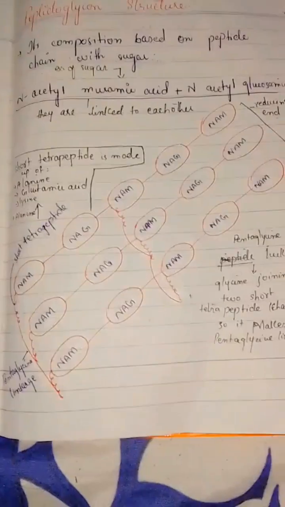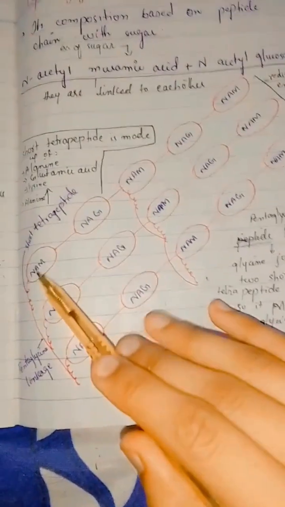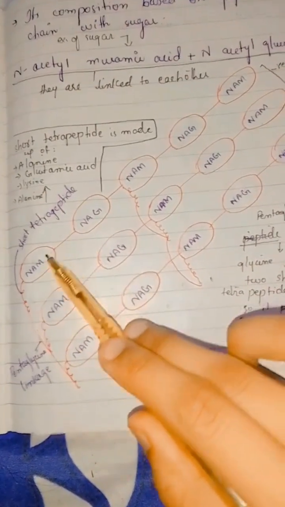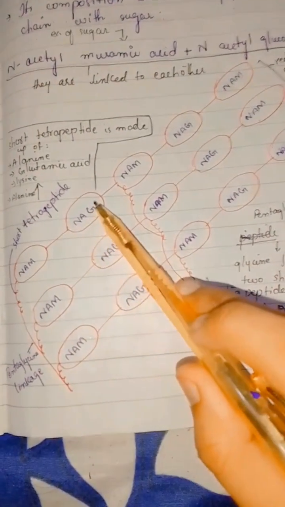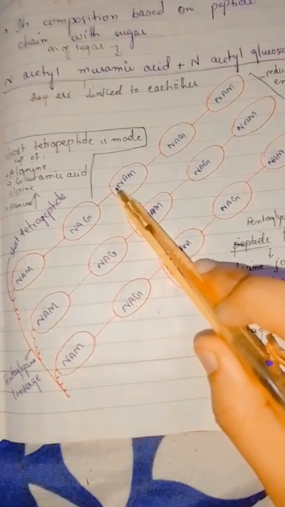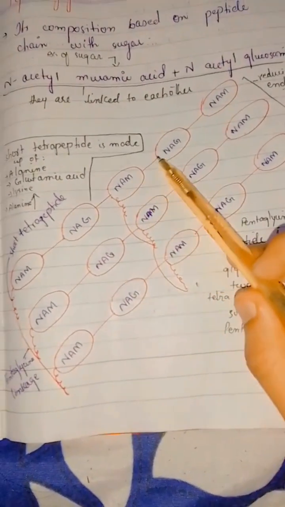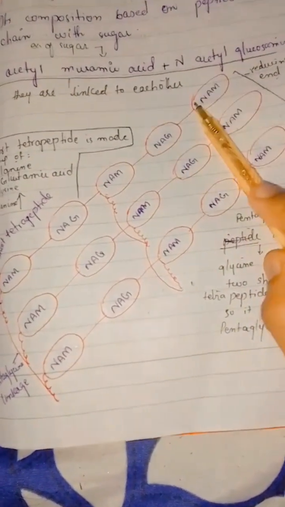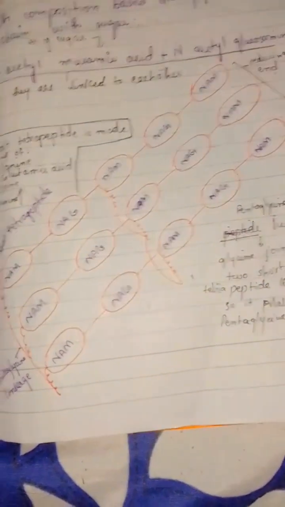Now let's see the structure of the peptidoglycan. This is the structure of peptidoglycan. N-acetyl muramic acid is linked with N-acetyl glucosamine, then N-acetyl muramic acid, then again N-acetyl glucosamine, then N-acetyl muramic acid.